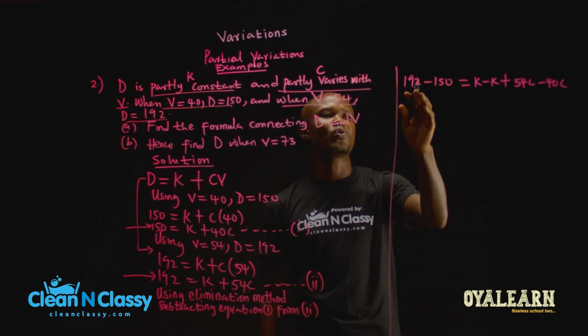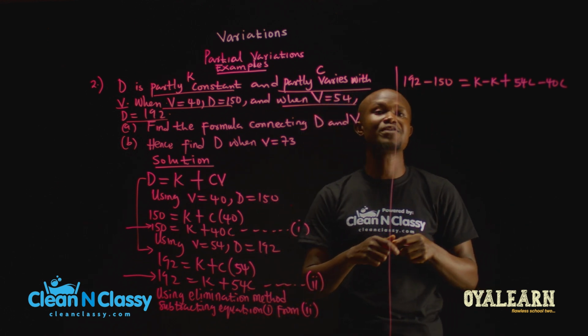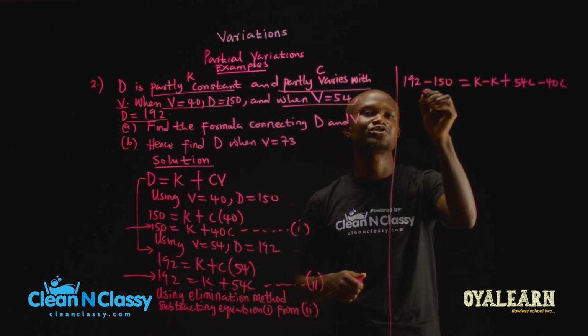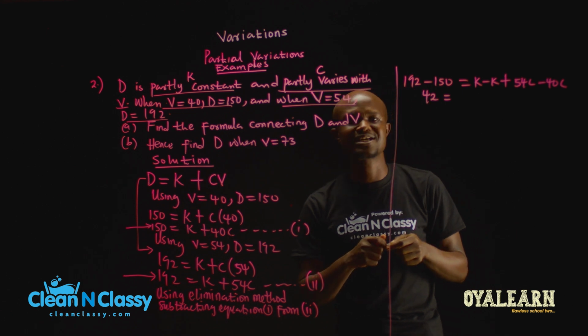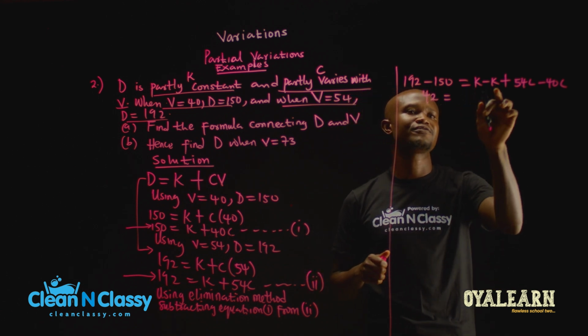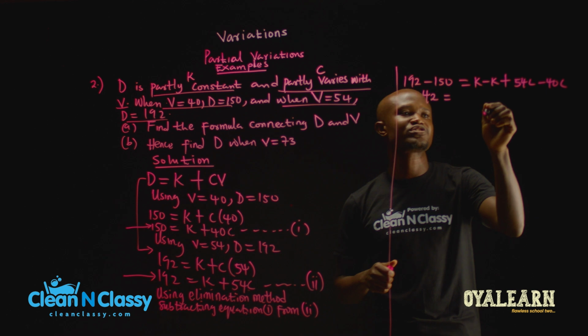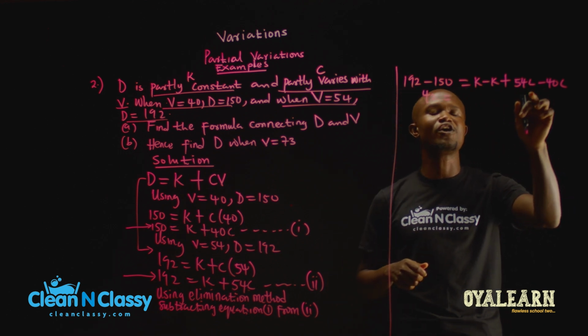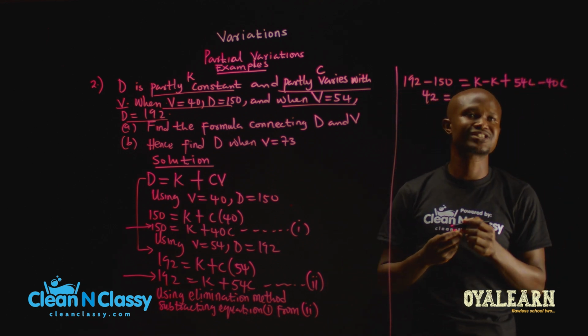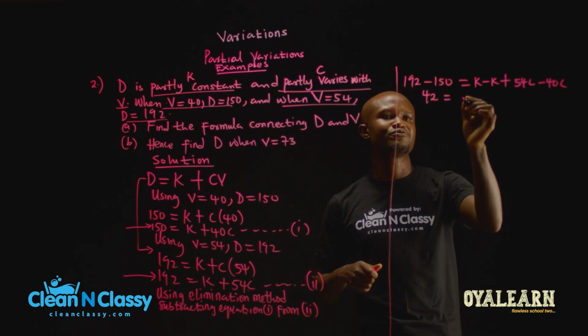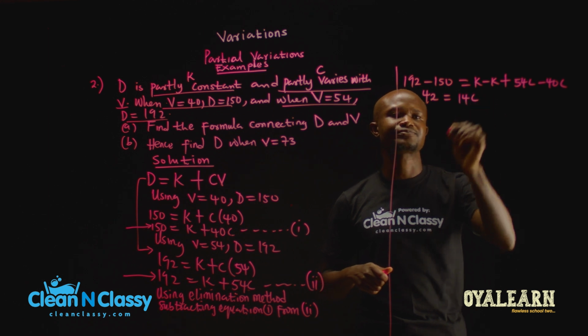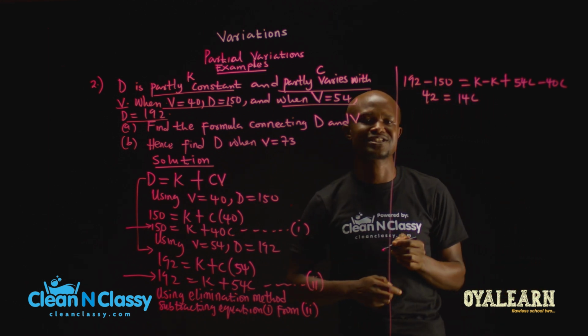So 192 minus 150 will give us 42. And K minus K is 0, so this one has gone. 54C minus 40C will give us 14C. So 42 is equal to 14C.